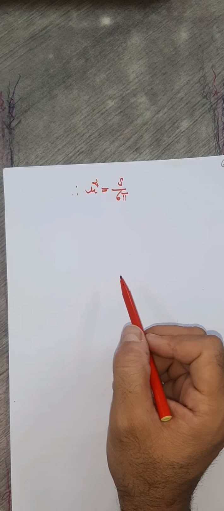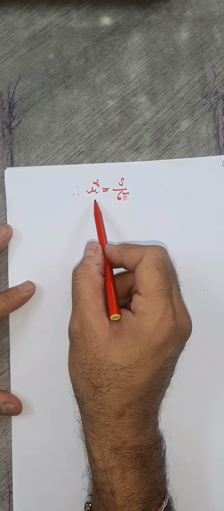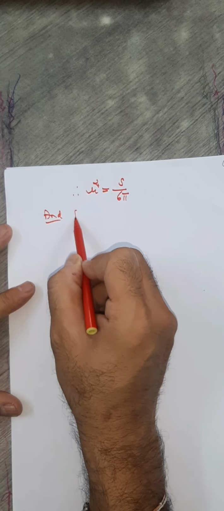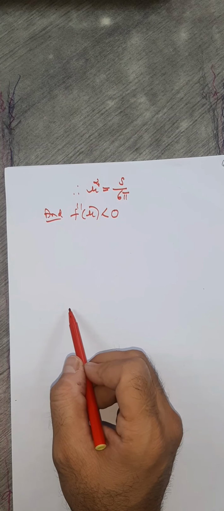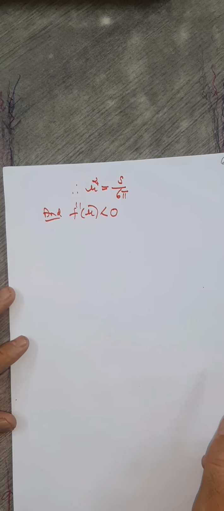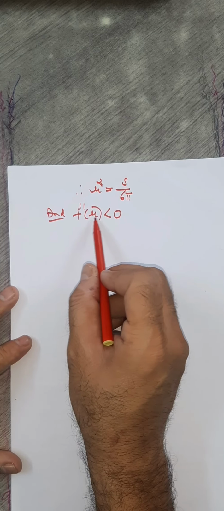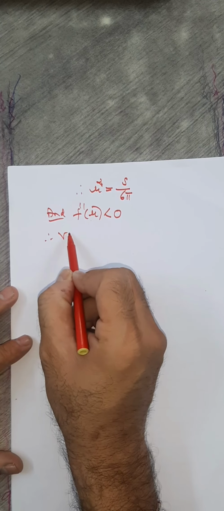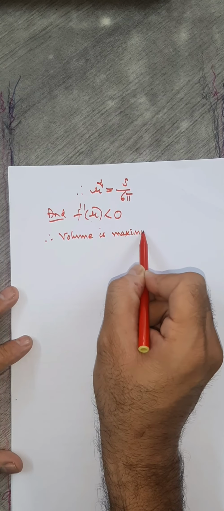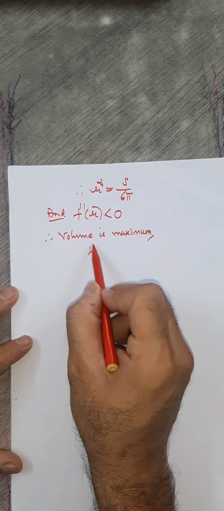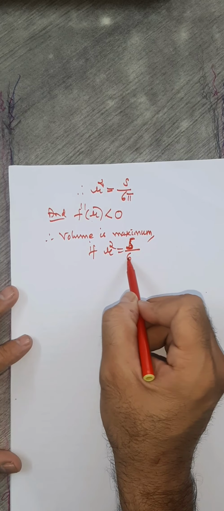Clear? And I'll write here f double dash r is negative, right? That means function will have maximum value. Okay. So when r square is this, first order derivative is 0, f double dash r is negative. So volume is maximum if r square equals s by 6 pi.